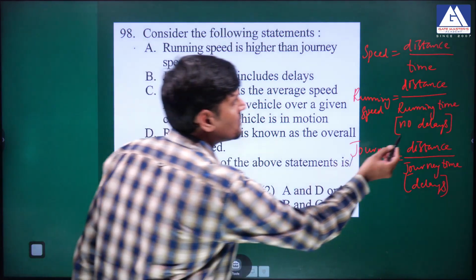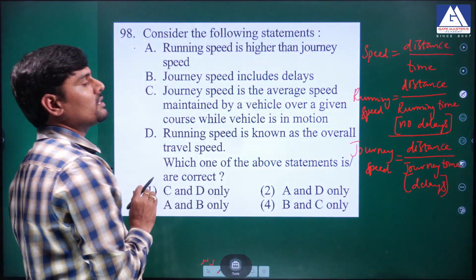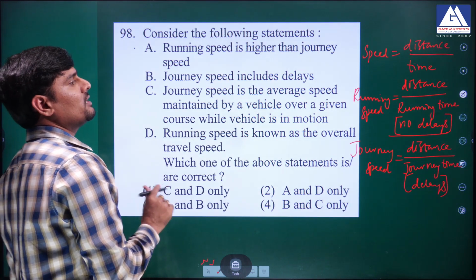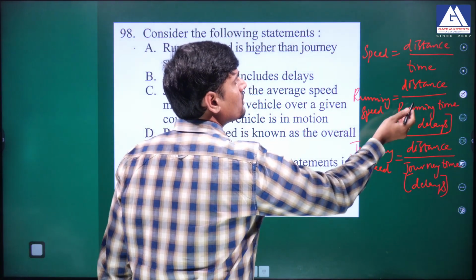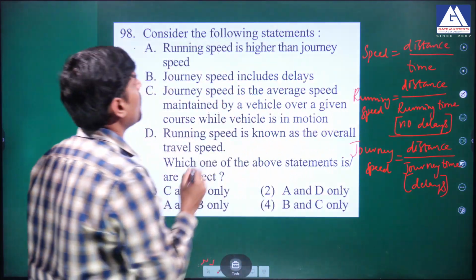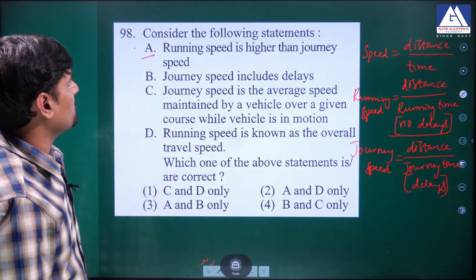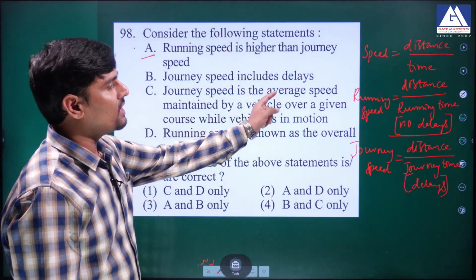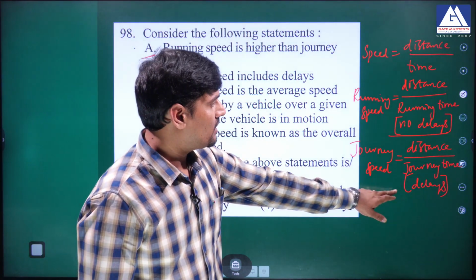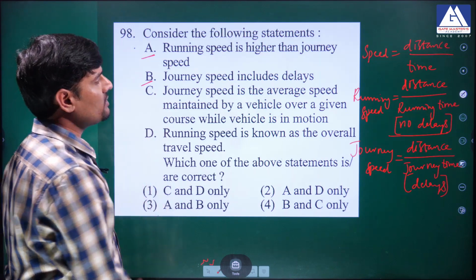When the denominator is smaller, that means it is only the running time without any delay, and the distance is fixed here and here. So running speed is always higher than the journey speed. And journey speed includes delays. Does it include delays? Yes, journey speed includes delays.